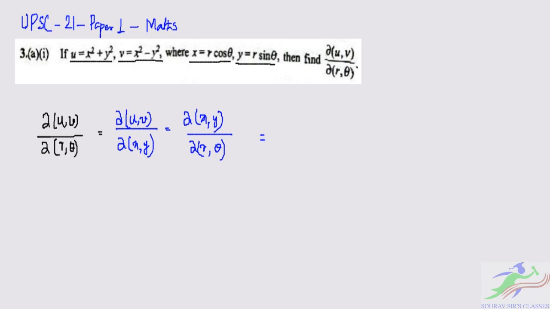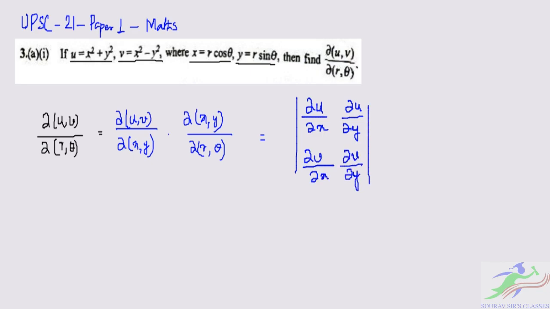This is multiplication. So here it is del u del x, del u del y, we have del v del x, del v del y, multiplied by del x del r, del x del theta, and we have del y del r, del y del theta.